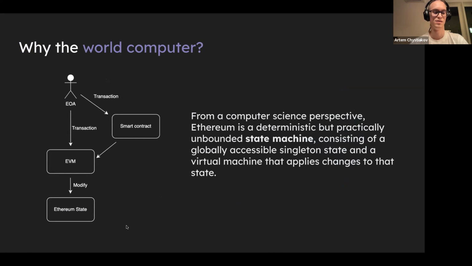So on the first slide, there was a note that Ethereum is a world computer, and you'll find those words together a lot of the time. So why is it? Because Ethereum is a huge blockchain. It has a lot of developers, a lot of smart contracts, a lot of nodes.